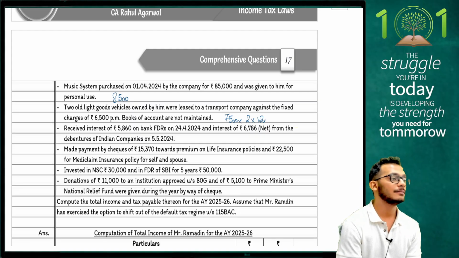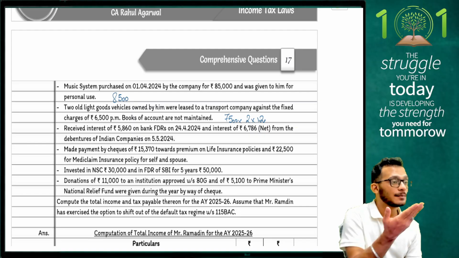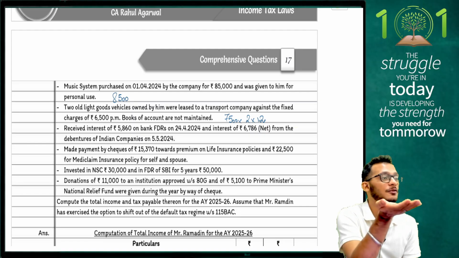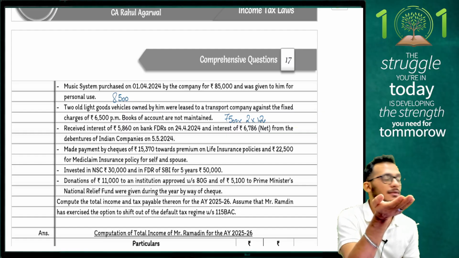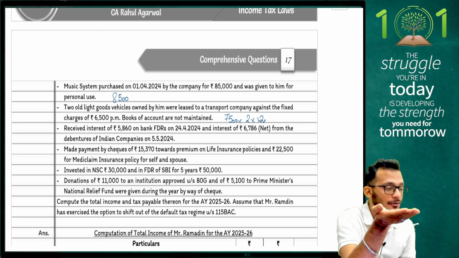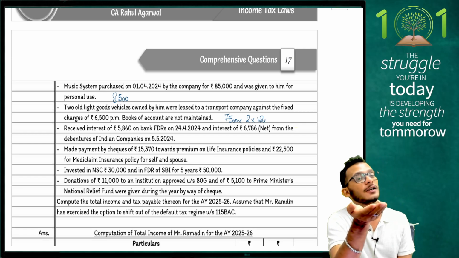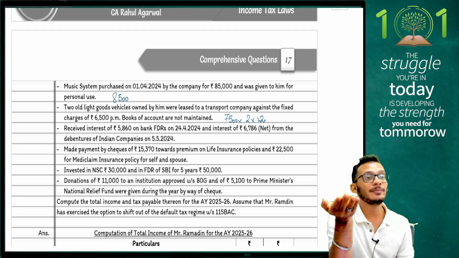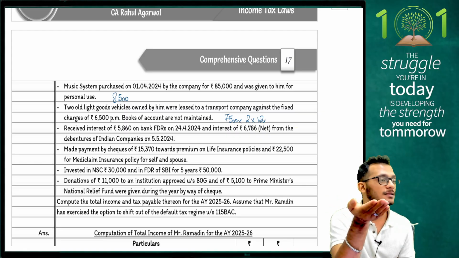What does net mean? Net means I received this money in my hand. Received means after TDS. Now people, which means 6,786 is the number I received after TDS. Which means I should be taxing my gross.